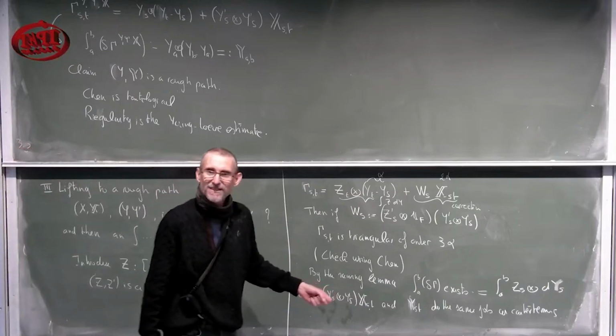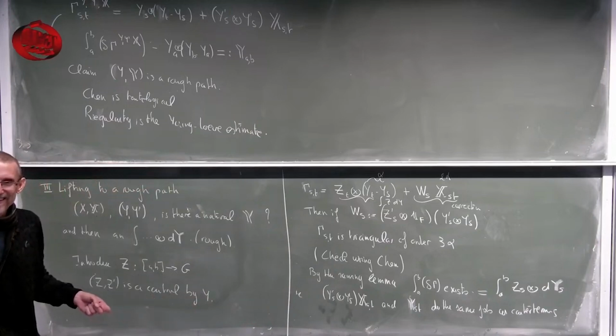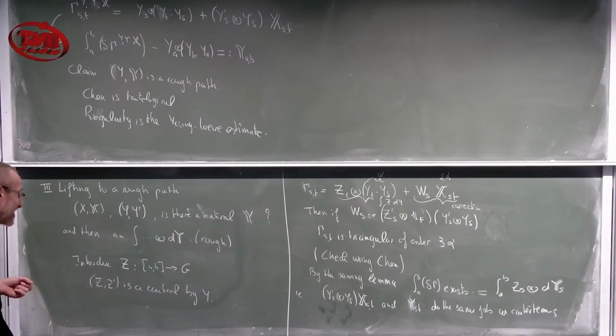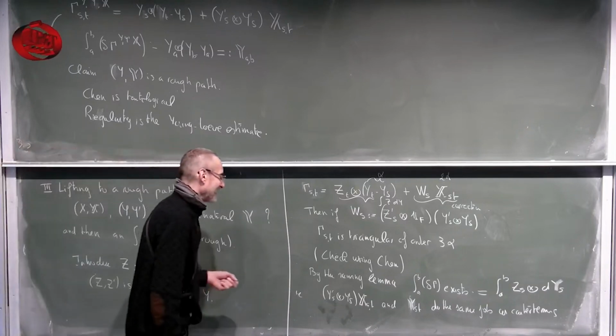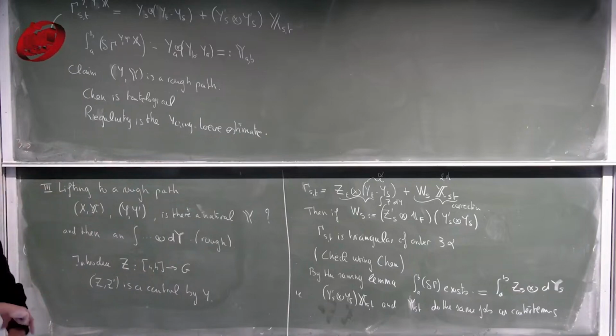Either, yes? Because I was naively expecting that blackboard Y would be y' tensor y'. So why doesn't it work? It does not satisfy the chain relation, or it's... Yes, I guess it doesn't satisfy the chain relations. Yes. Okay. But what is the rough path bold Y_s in general?